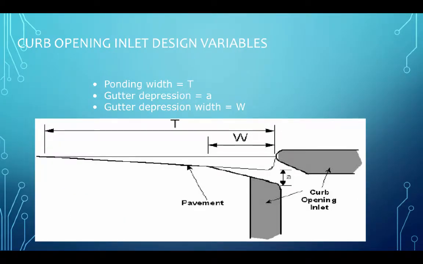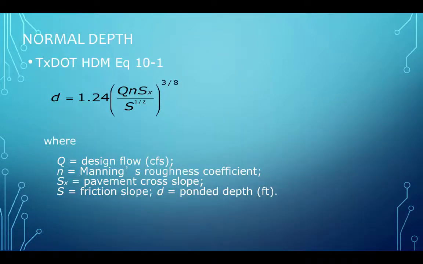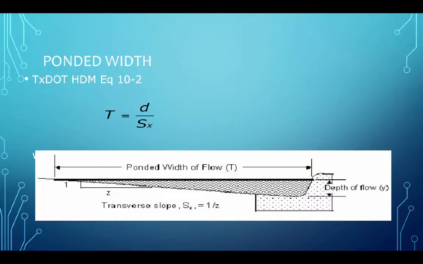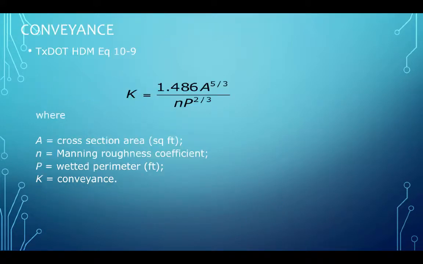We start with the curb opening inlet design variables: the ponding width, the gutter depression width, and the inlet height. Then we apply equations 10.8 through 10.16, although not necessarily in that numerical order. Start with 10.1 to get the depth at the curb. Use 10.2 to get the spread width. Use 10.8 to get the ratio of the conveyances.